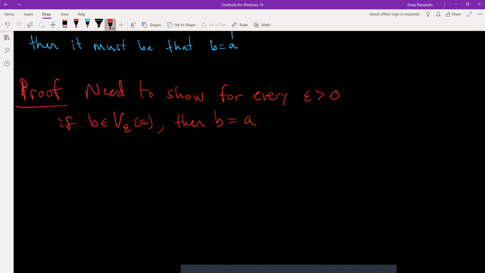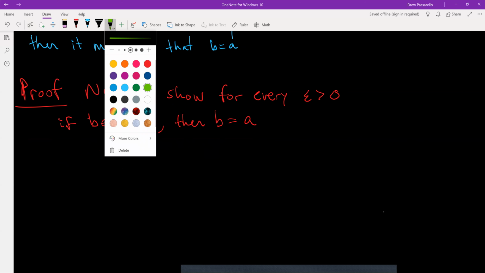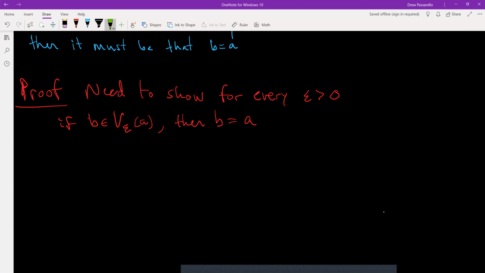I'll use a different color for the actual proof, but I figured red, that's what we're trying to show.